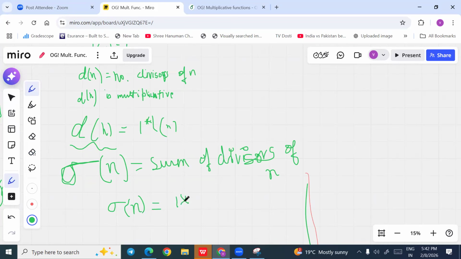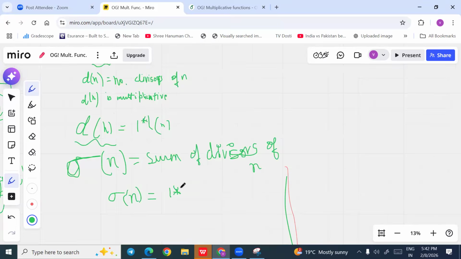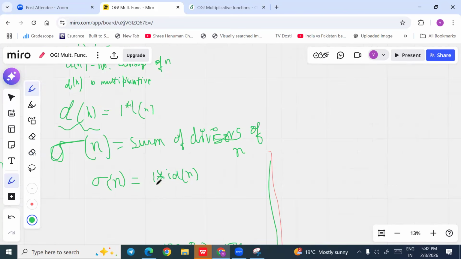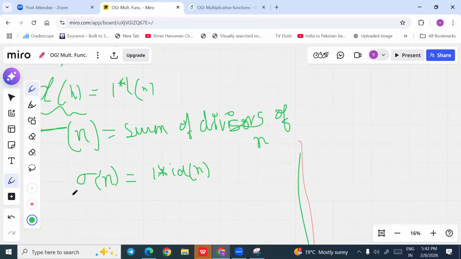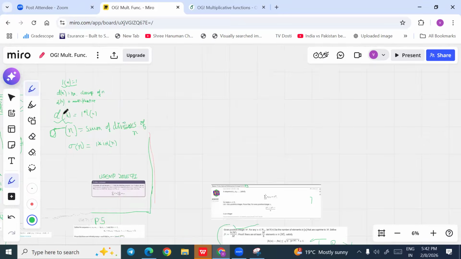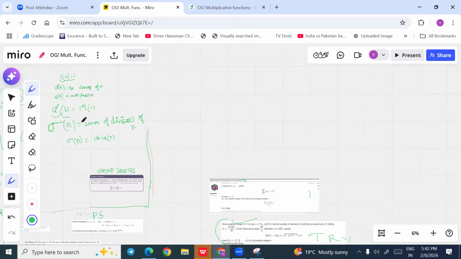So this is just 1 convolution the identity function. The identity function is just f of n equal to n. And obviously the identity and 1 are trivially multiplicative, so their Dirichlet convolution has to be multiplicative. And hooray, we're done. So this just bombards things, and this is really powerful.